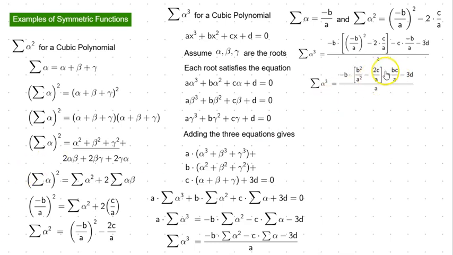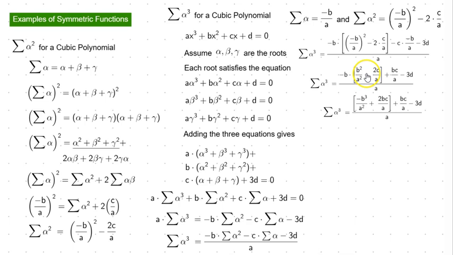Now it's just a question of simplifying. Minus b times, minus will disappear because of the square. So b square by a square minus 2c by a plus, because minus minus, plus bc by a minus 3d, the whole thing divided by a.